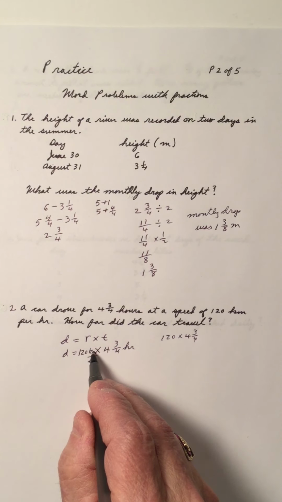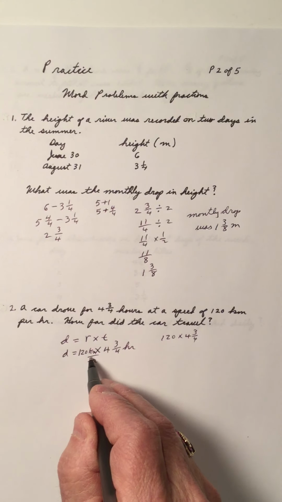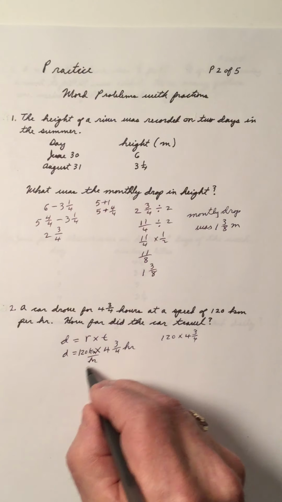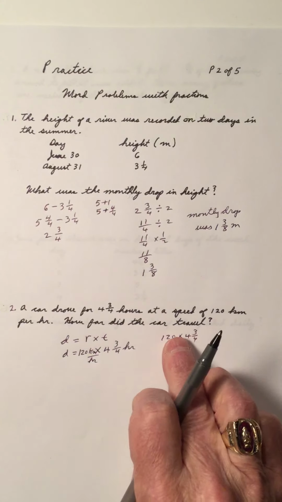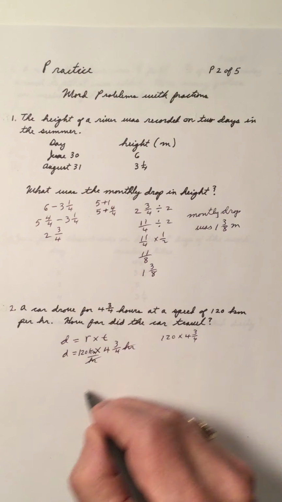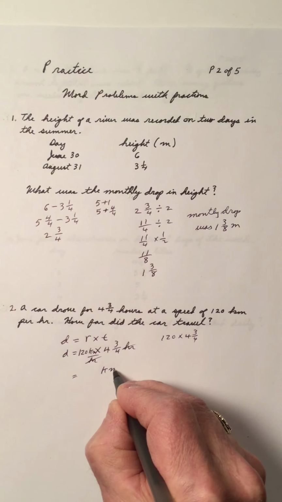But I'm putting the kilometers over hours as your rate, because distance divided by time is rate, and multiplying by time. Notice, because you're multiplying, the hours cancel out. So that means you're left with kilometers.